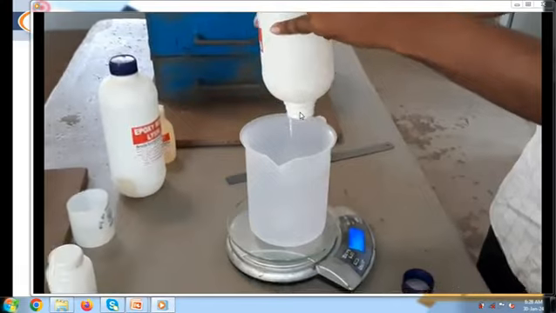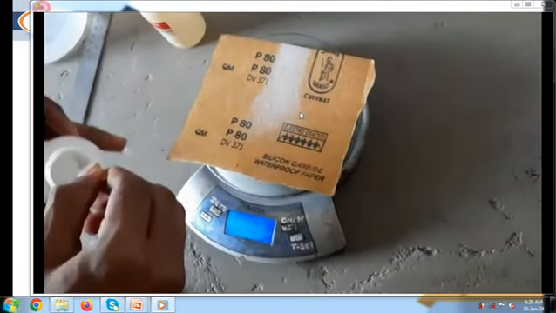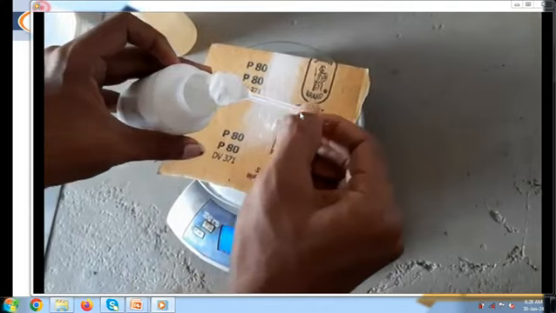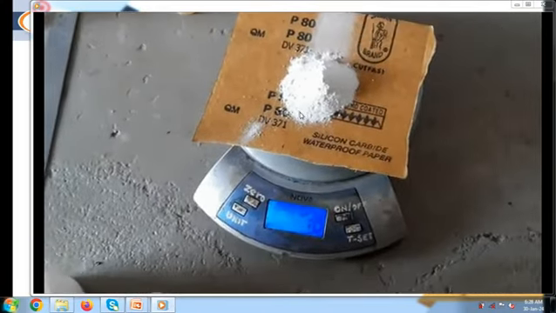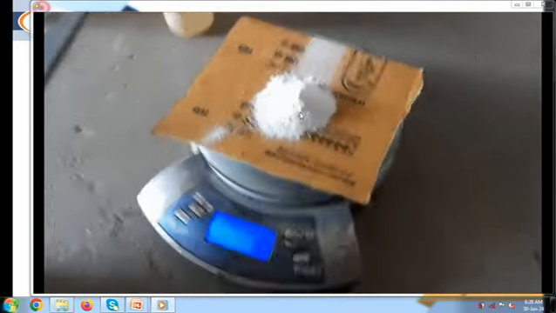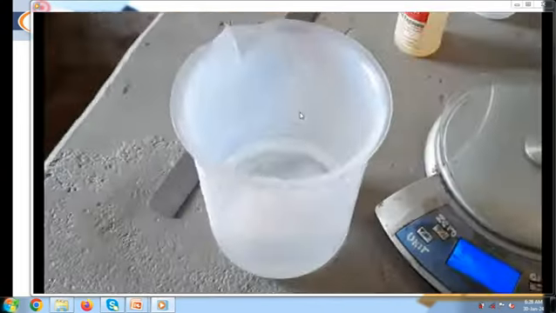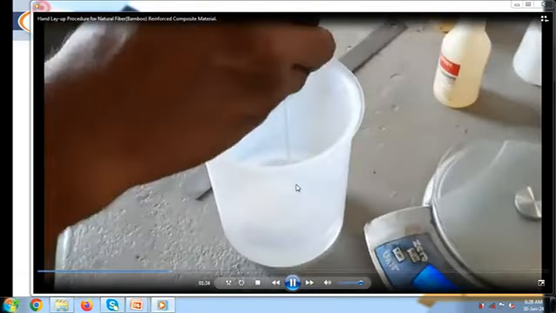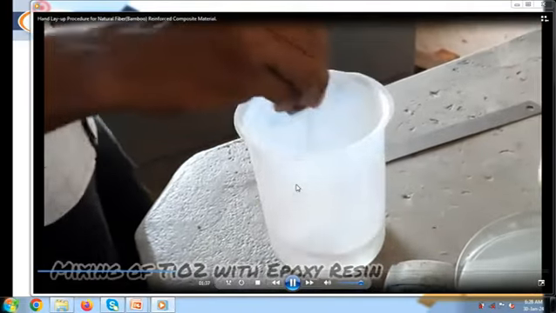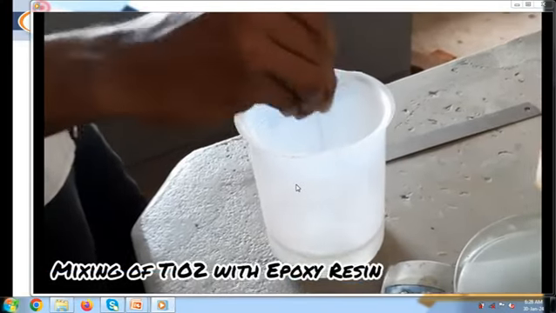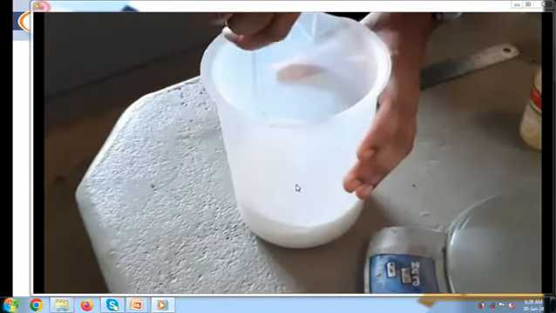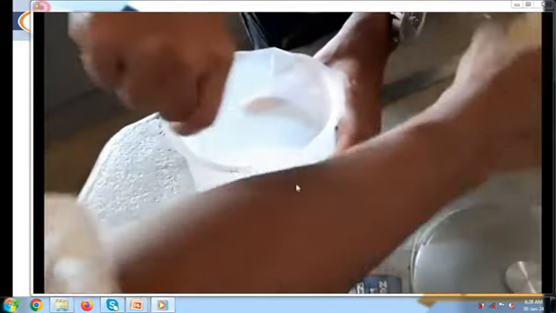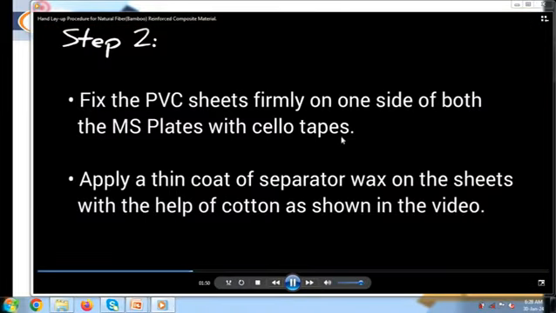So why is the filler material used? Some gaps, some voids, may get created in these basic fibers, so those gaps will be easily filled with the fillers, so that the strength will not be hampered much. So here we are mixing the titanium oxide with this epoxy resin to prepare our resin. Here we have taken the epoxy resin and we are now adding the filler.